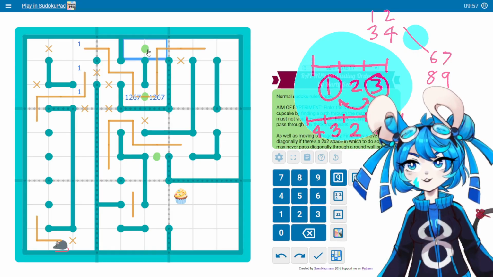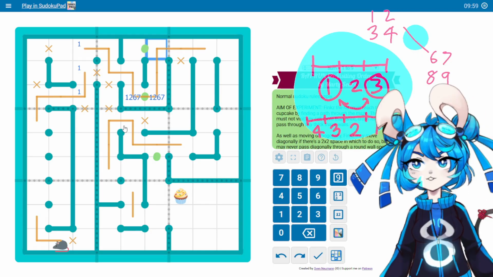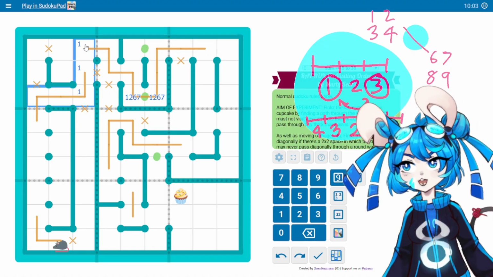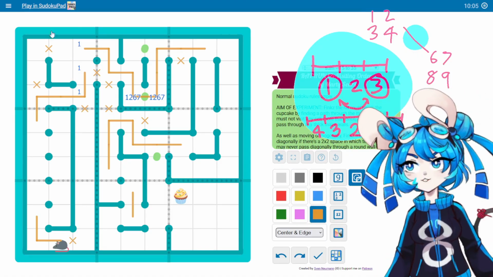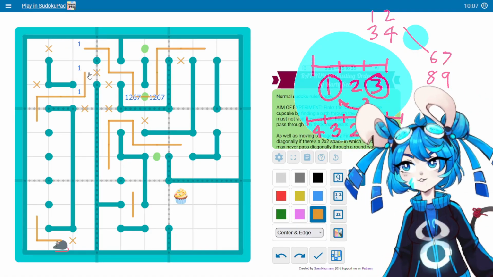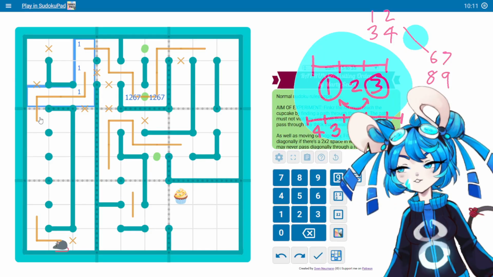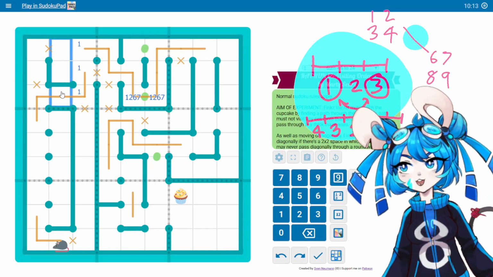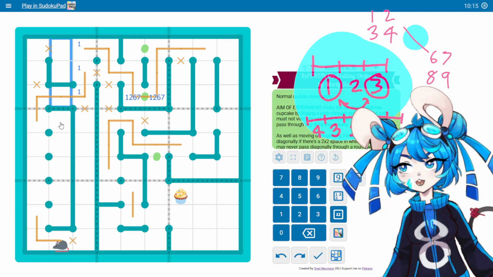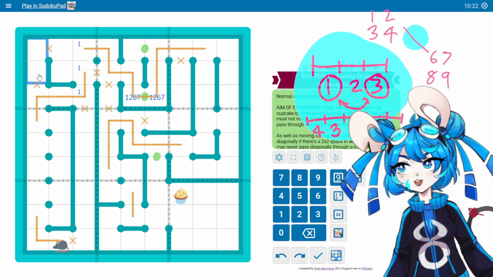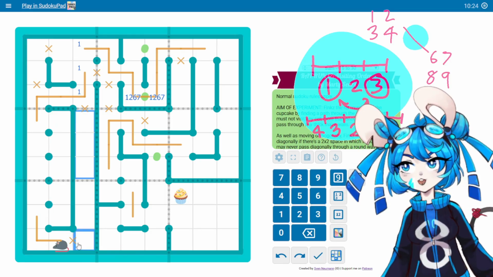There's another one up here. So 1, 2, 3, 4, 5. It has to be more than 5, but it could be 6 or 7. I guess the problem then is how many cells in this column are included, because we cannot include an 8 or a 9 on any of these lines.